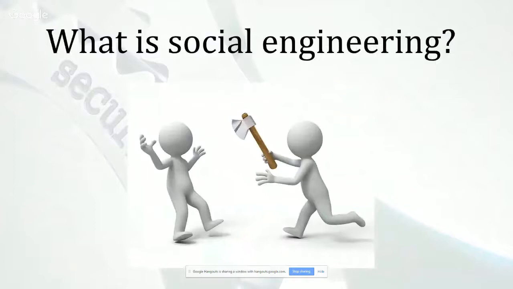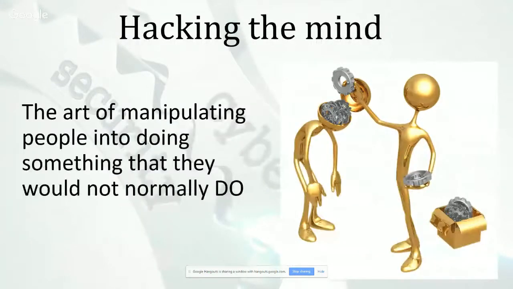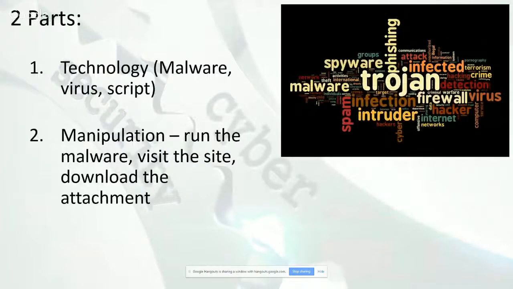Social engineering is getting you or manipulating your person to doing something you would not normally do. It uses ideas to get you to do something that you've been trained not to do. And they are very, very good at it. So the malware, the scripting, the virus, whatever the delivery, the attachment, or anything along those lines.